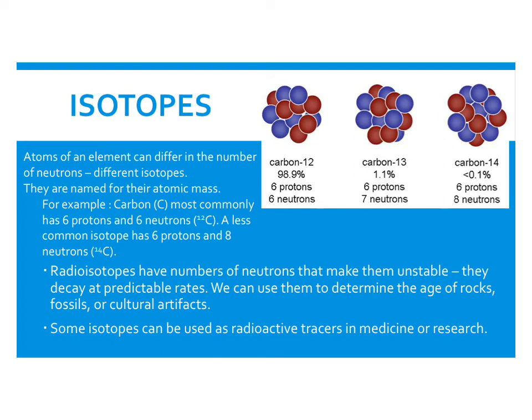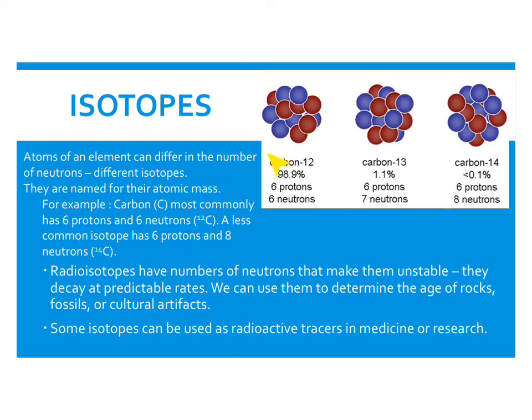You could have a carbon, for instance, with 6 neutrons, a carbon with 7 neutrons, and a carbon with 8 neutrons. All of these exist in nature. You'll see atoms of various elements containing different numbers of neutrons occurring naturally that way. For instance, carbon most commonly has 6 protons and 6 neutrons.